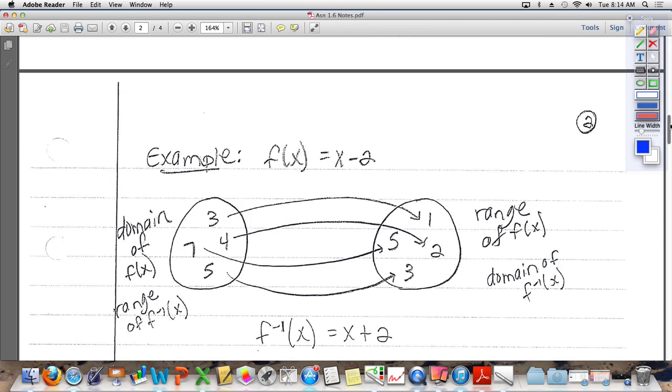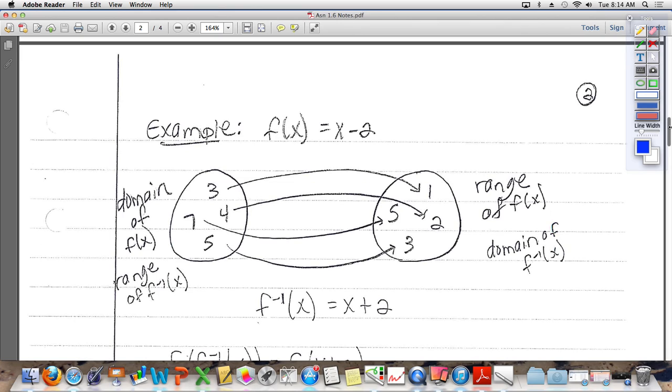We talked about, for example, in this problem, how if you have some numbers and you map them onto some numbers in the range, the left side being the domain, the right side being the range, you have to subtract 2 to get from the left to the right. Well, if we work backwards, in other words, if we do the inverse of what we were doing, you have to, of course, add 2.